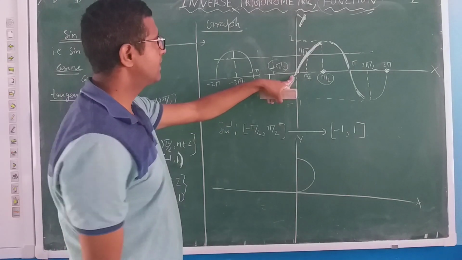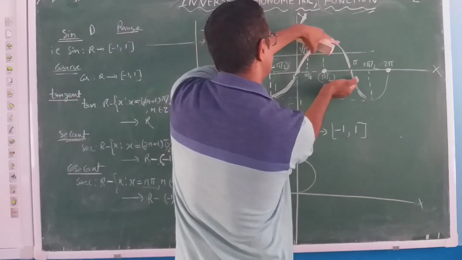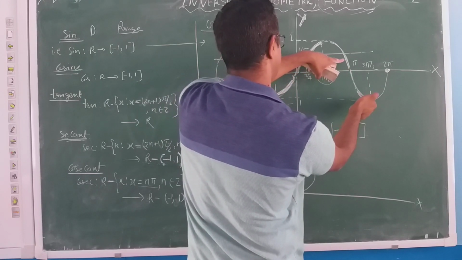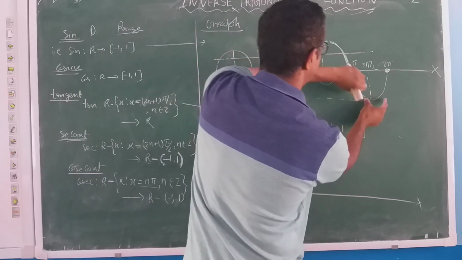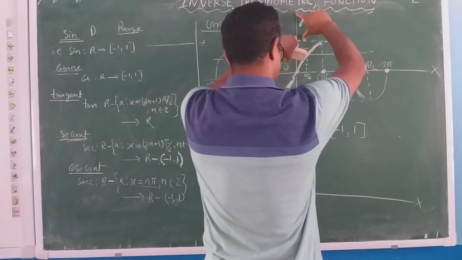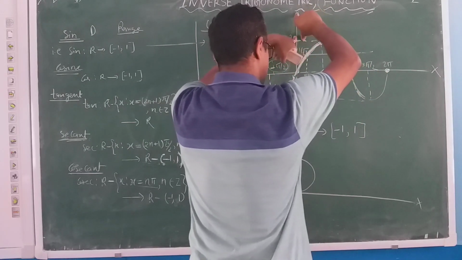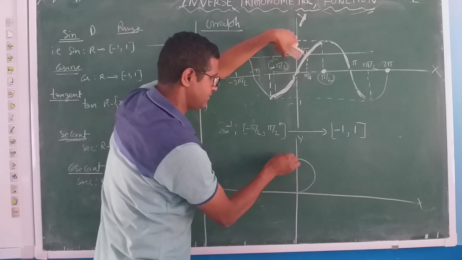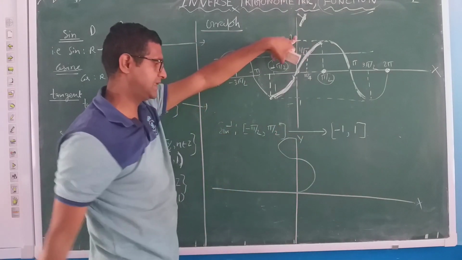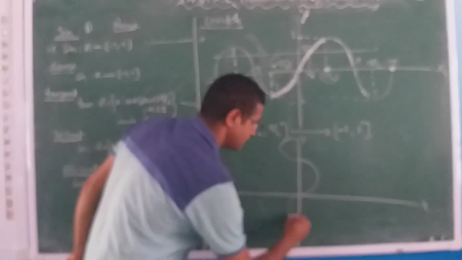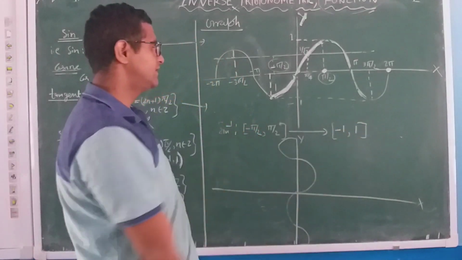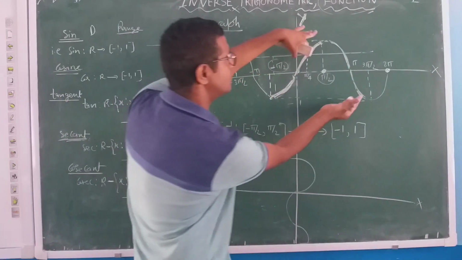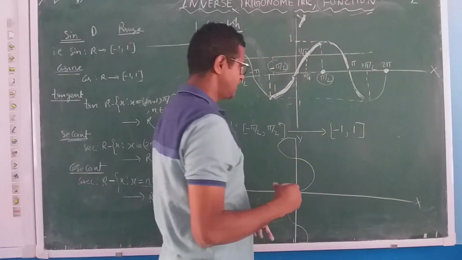This part will move here, and after rotating, this whole part will be here. And you will invert it, you will make its mirror image, like you can do here. So this is the graph of the invertible function. You just rotate this.